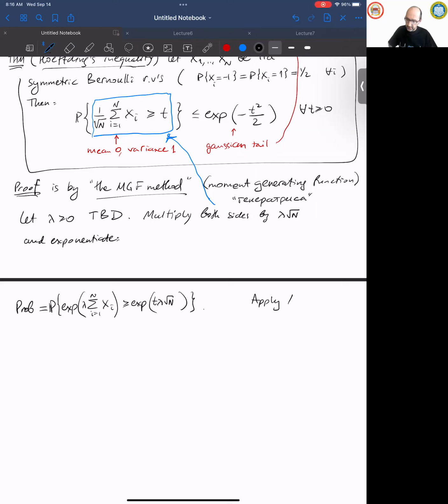And now we apply Markov's inequality, which, let's recall, just says that this tail probability is bounded by the ratio of the expected value of the random variable, and here the random variable is this big thing, and the denominator is the right-hand side, e to the t lambda.